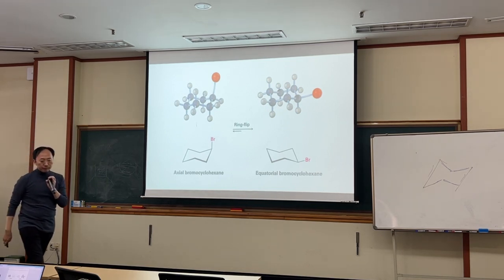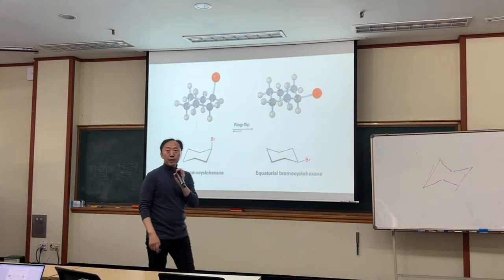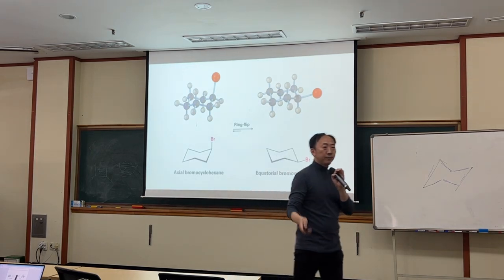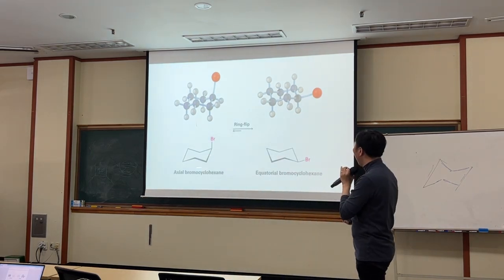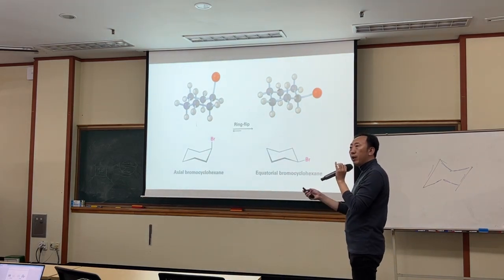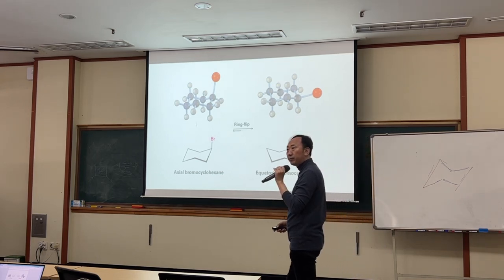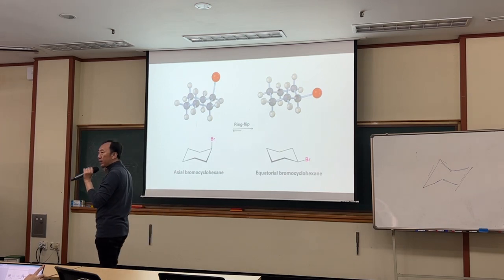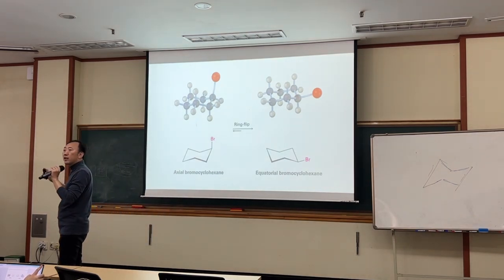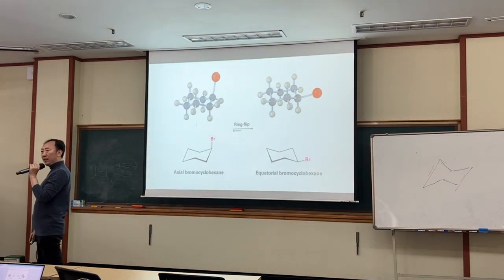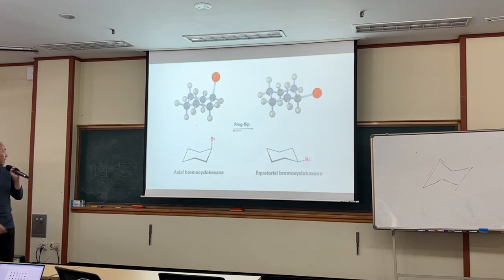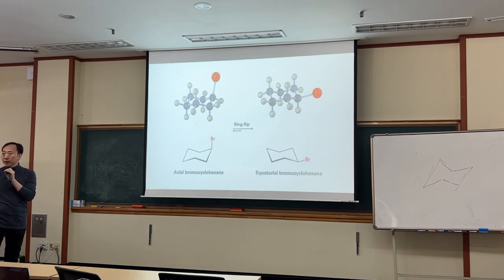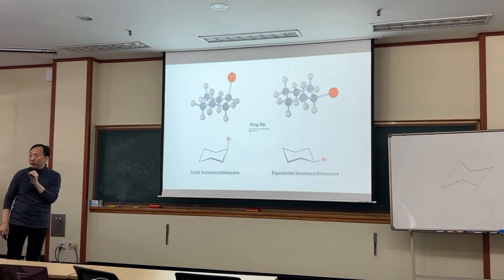Just one more page. If you have choices, if everything is equivalent, if all 6 positions are hydrogen, then after ring flip the 2 structures are identical. But let's say you have bromocyclohexane. In the ring structure, one has the bromine axial, and in the other it becomes equatorial.